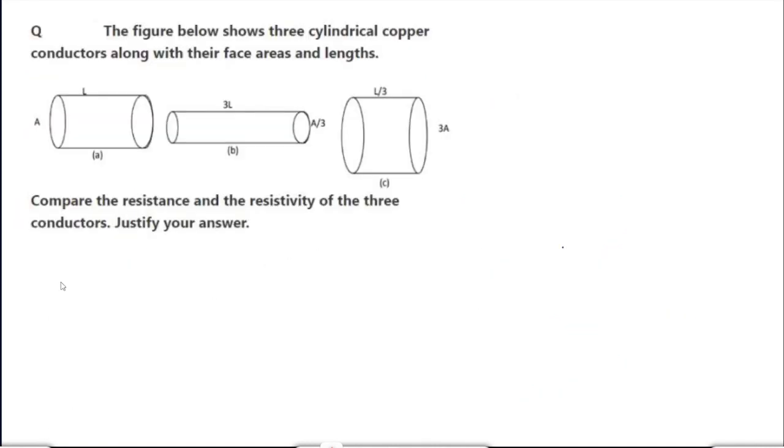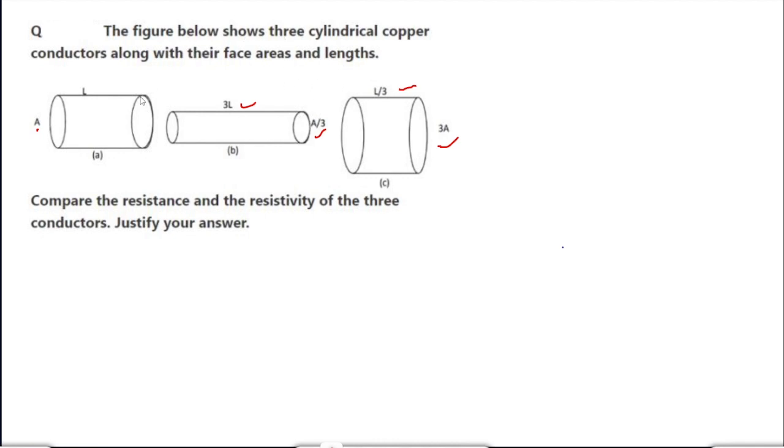Got it? And here is one important question. It says that the figure shows three cylindrical copper conductors along with their face areas and lengths. The first one has length L and area A, the second one has length 3L and area A by 3, and the third one has length L by 3 and area 3A.